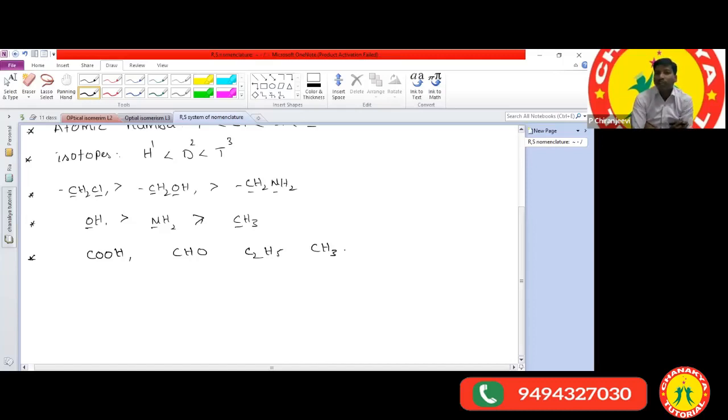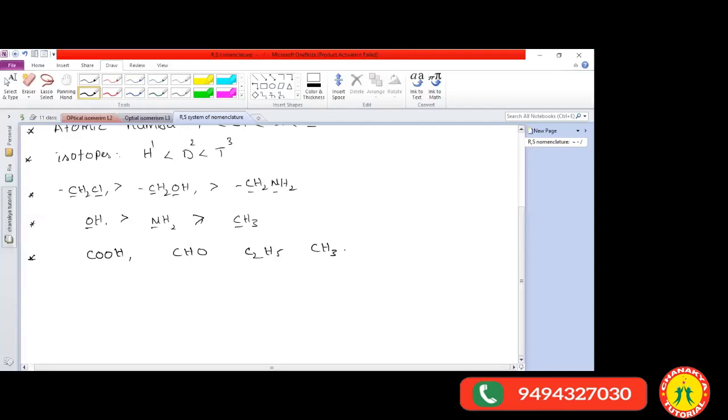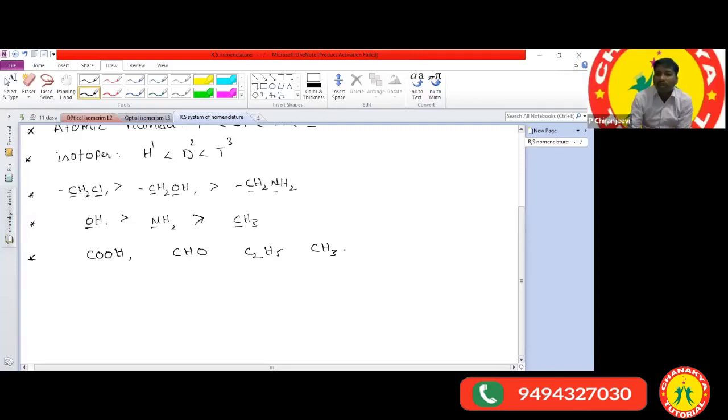For which one can we give the first priority? Aditi or Samita or Sai Akshit? Come on, Aditi. So we'll give more priority to COOH. Very good, ma'am. So we can give the first priority to COOH.